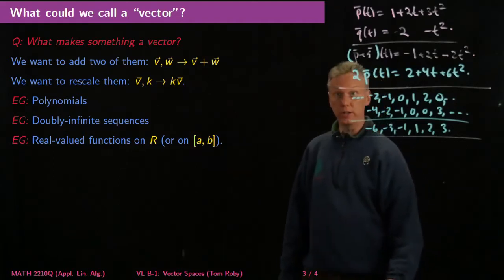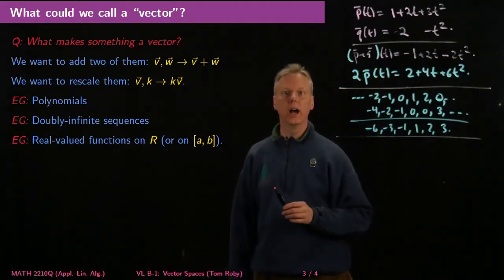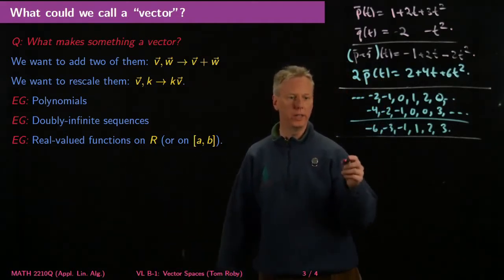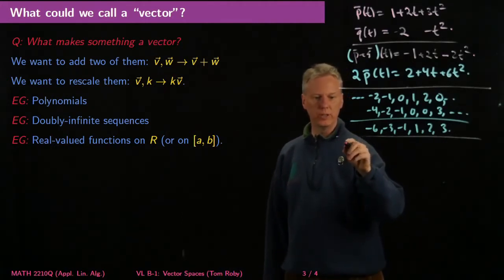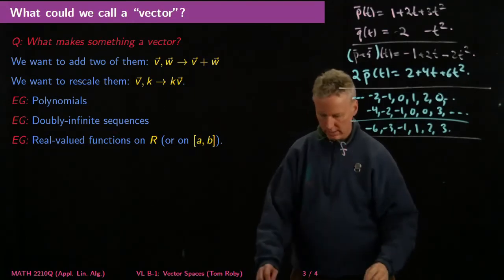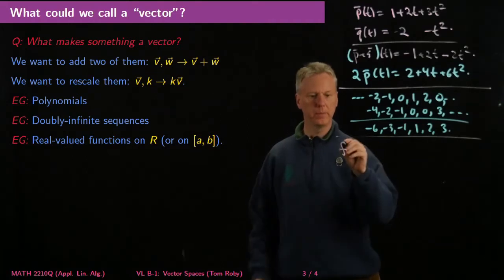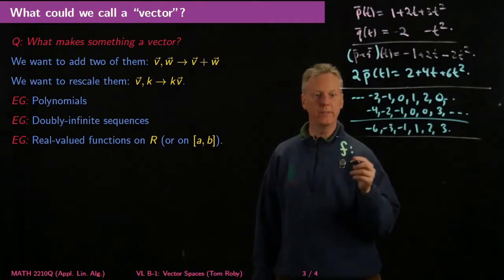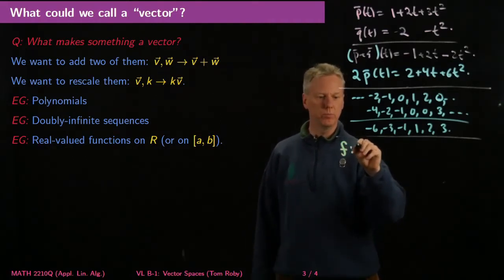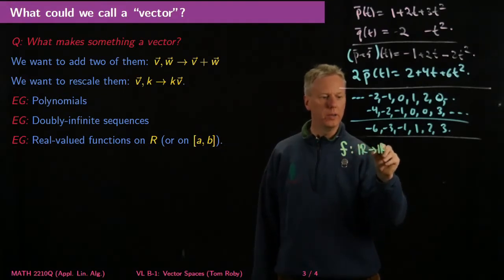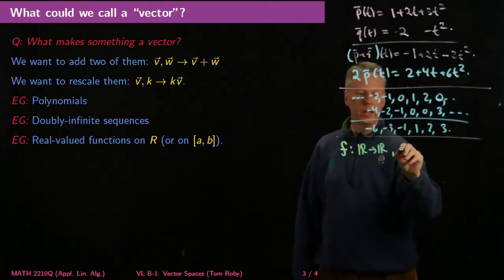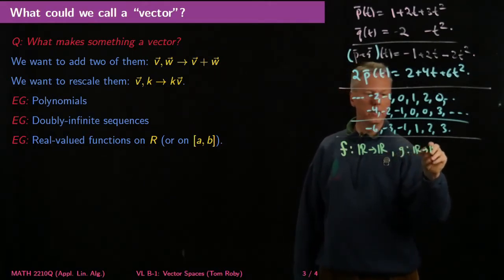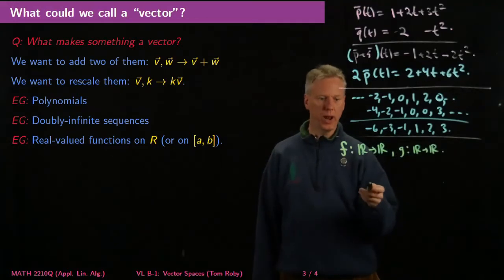I can also look at real-valued functions on the whole real line or on the interval a, b. What do I mean by that? Suppose I've got a function f that goes from R to R, and maybe it's got a formula, in which case I can add the formulas, and g also goes from R to R. But I could think about their graphs.